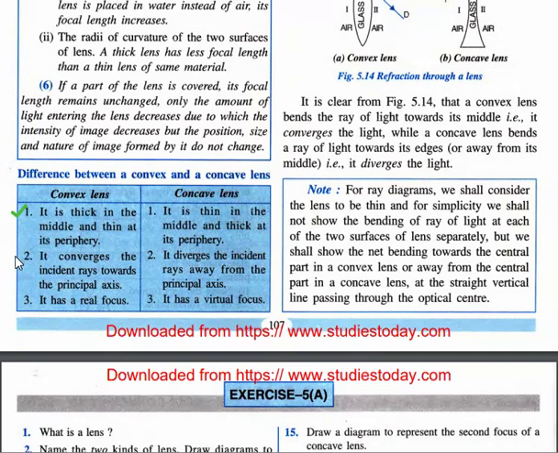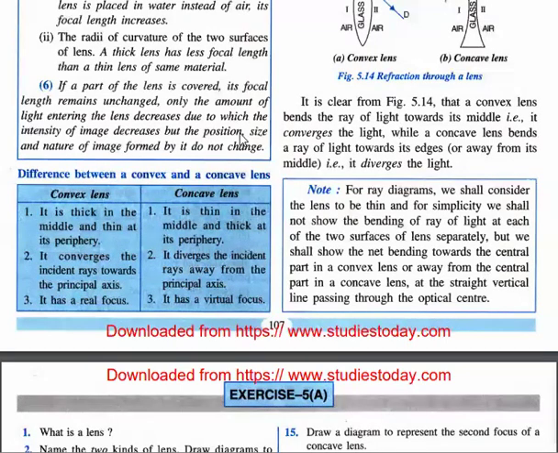It converges the incident ray towards the principal axis. It has real focus. And concave lens is thin in the middle and thick at the periphery. It diverges the incident rays away from the principal axis, as I said before. It has a virtual focus.